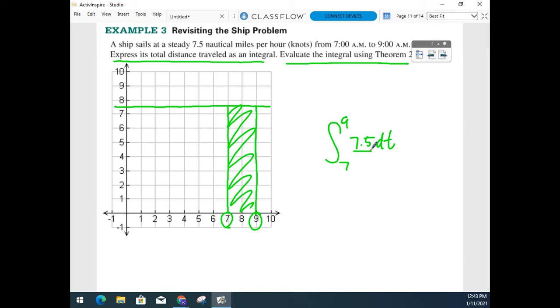So that's where we take c, 7.5, times b minus a, and we still get our 15 nautical miles.